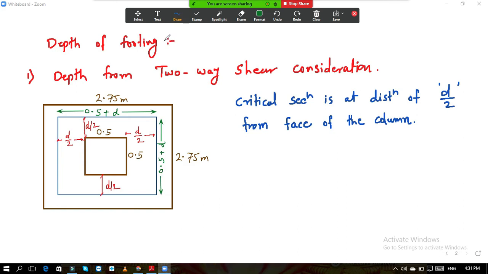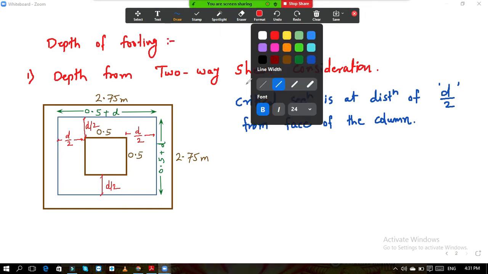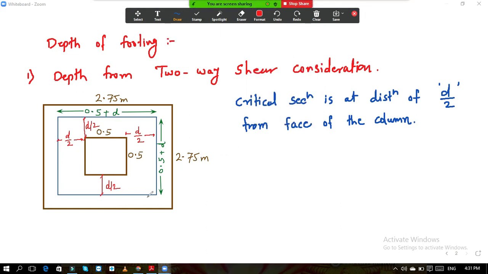Now see here what we are going to do. Now this is our footing, this is the column, and this is the critical section. Now let us assume that tau v is the nominal shear stress. You know that we use the tau v notation for the nominal shear stress, and tau c is the permissible shear stress.